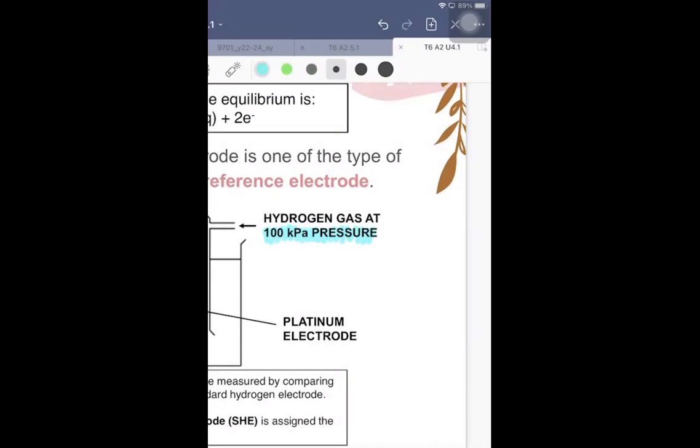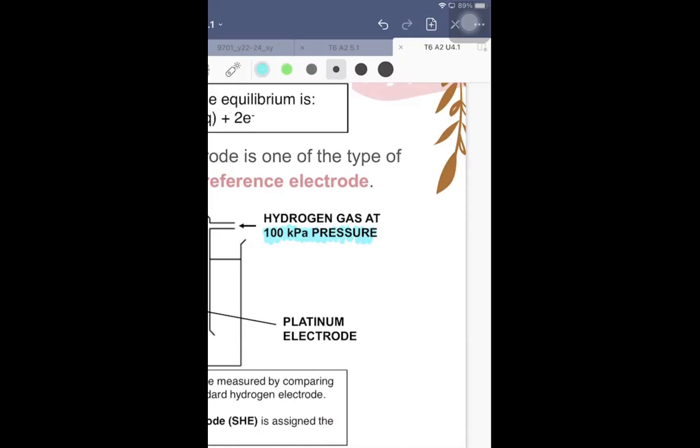And then lastly, if your concentration has to be standard and your pressure has to be standard, your temperature must also be at room temperature, which is 25 degrees Celsius or 298 Kelvin. So you have all of this in your notes on page 9.